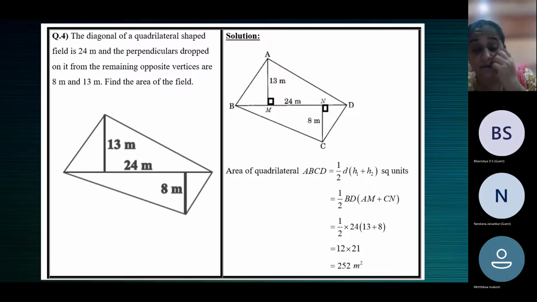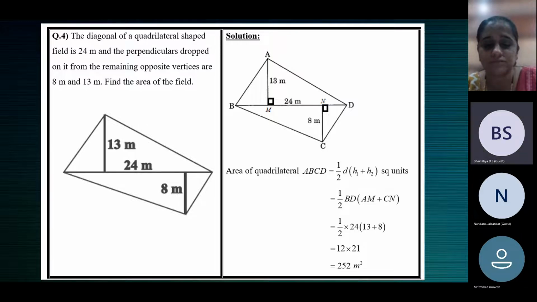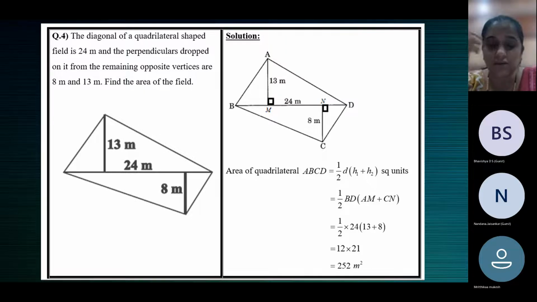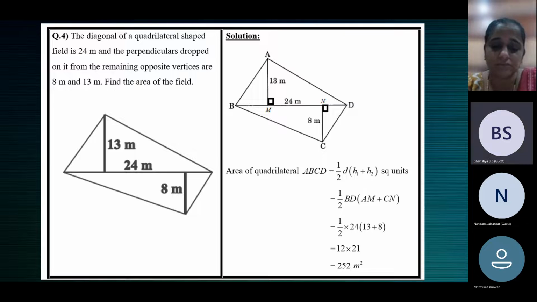This is from the chapter Understanding Quadrilaterals. What is your doubt here, Bhavishya? You don't understand this answer, is it? Can I finish dinner and call you? I'll call you and explain. This is from the chapter Understanding Quadrilaterals. Okay, Mom.